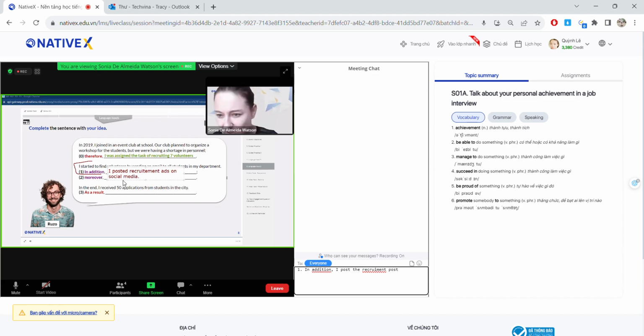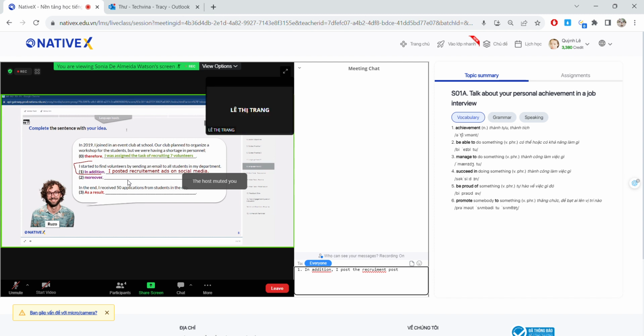That's a great sentence. Okay, Trang, can you do the next sentence for number 2? Maybe I think number 2. Moreover, I asked my friend to introduce the volunteers, the suitable volunteers. Great.